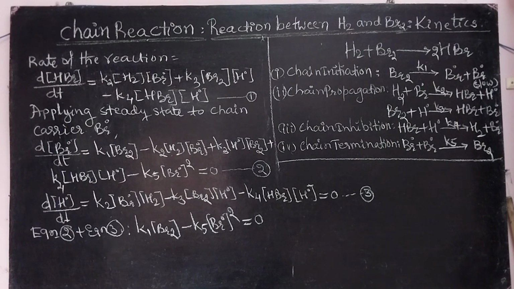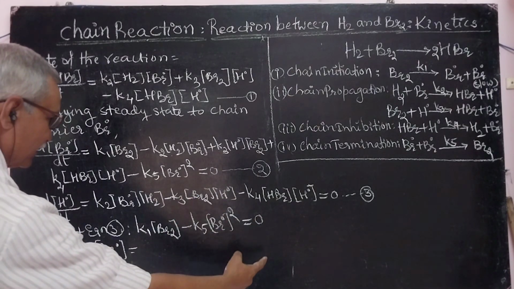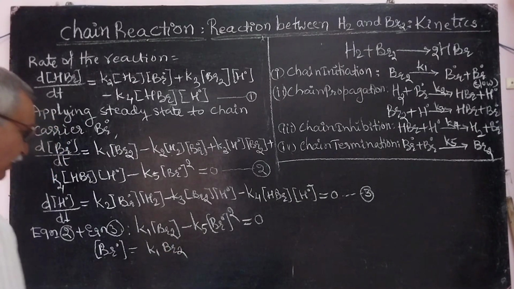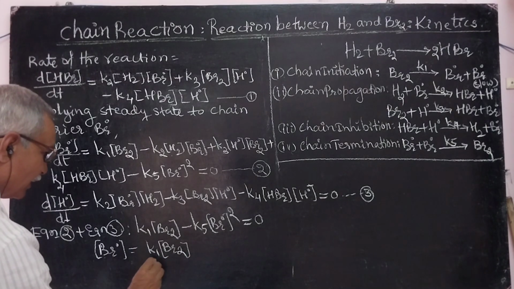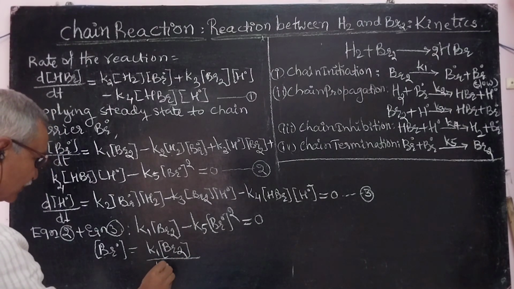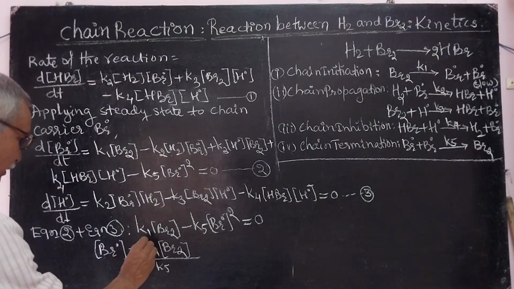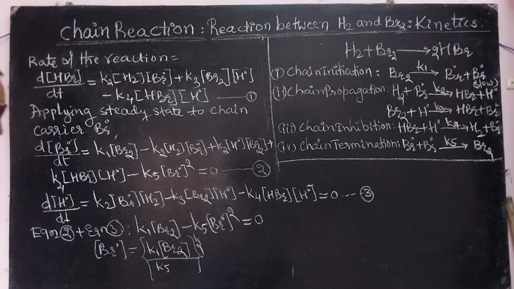Then we may rearrange this to get Br dot. The concentration of Br dot is equal to, taking this side, K1 Br2, the concentration of Br2, divided by K5, all raised to the power 1 by 2.